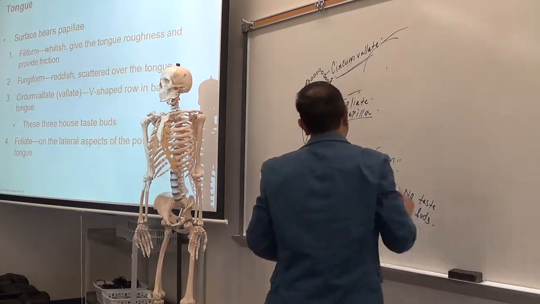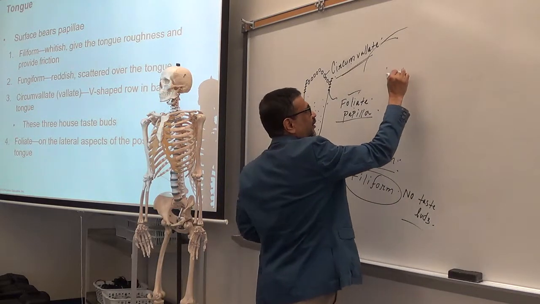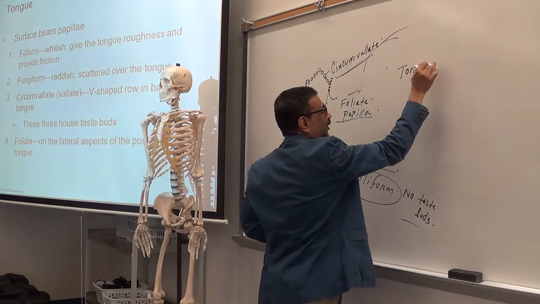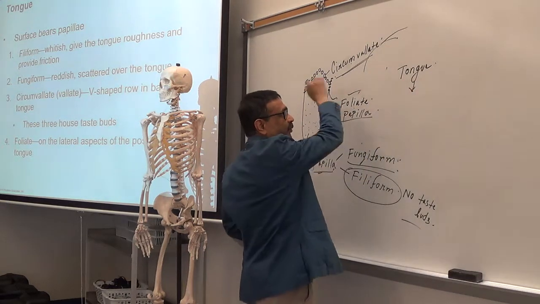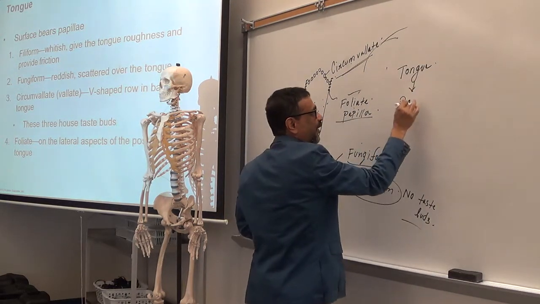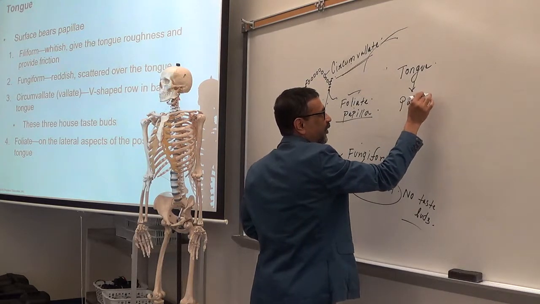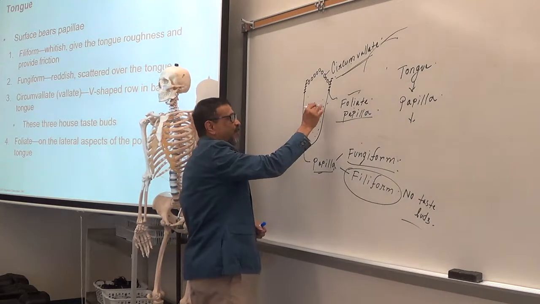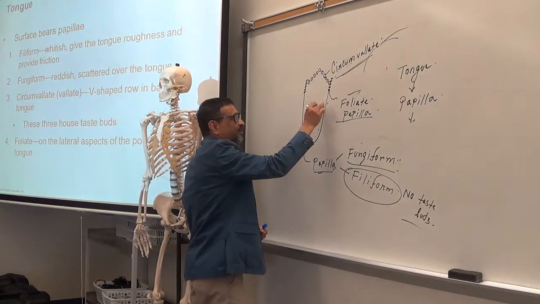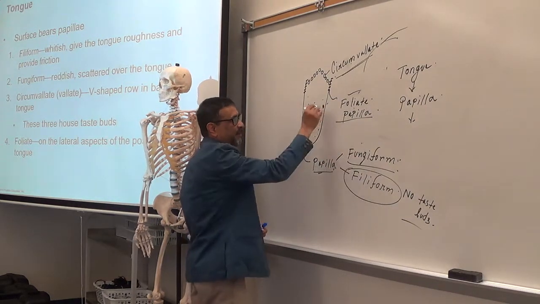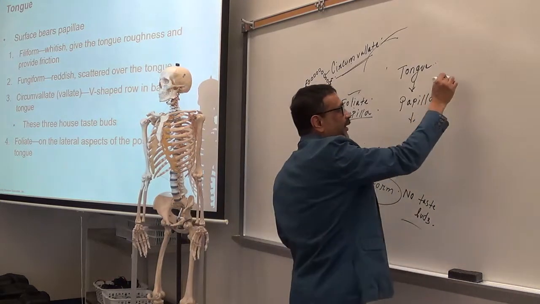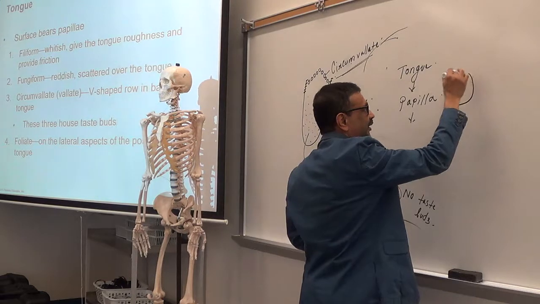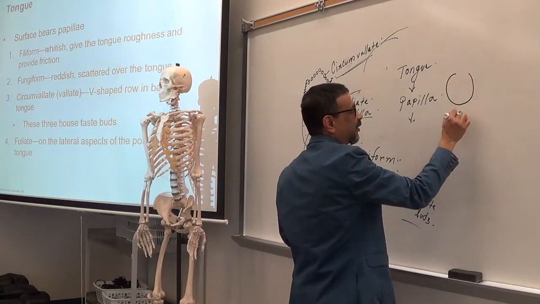Now, on the surface of the tongue, you have papilla, 4 different types, right? Now, if I take one papilla, for example, a fungiform papilla here, and open it, I will see taste buds inside it.